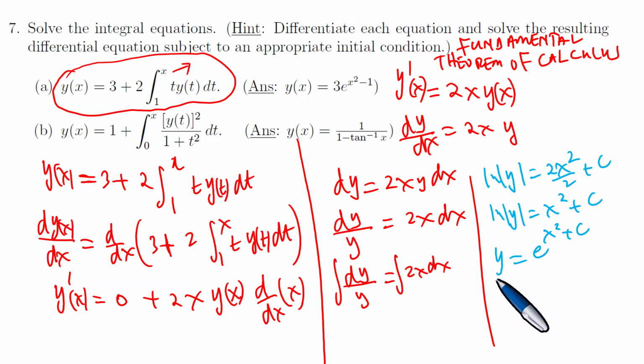Y can be a 1, so that this is e to the 0. So you need to think about it and see that if ever you can take y of 0 or y of 1 is 3.